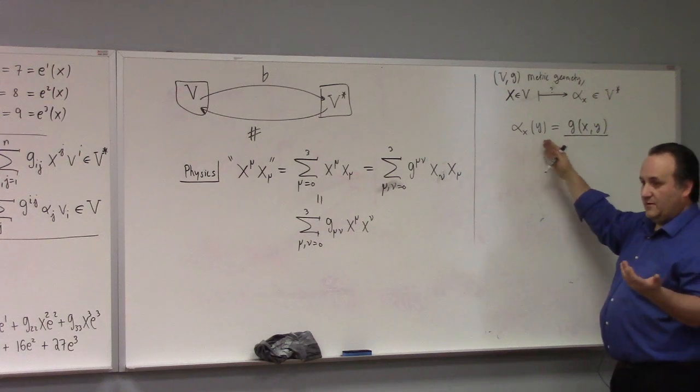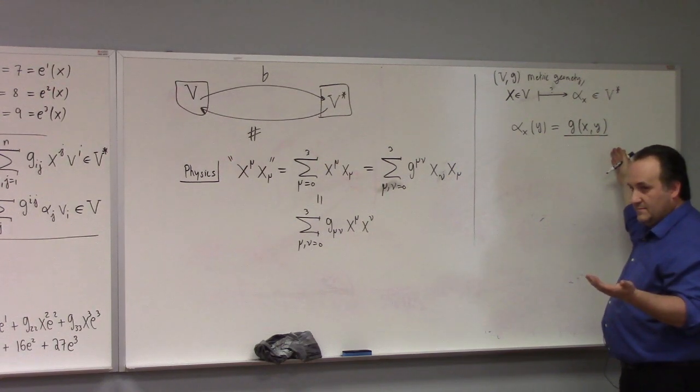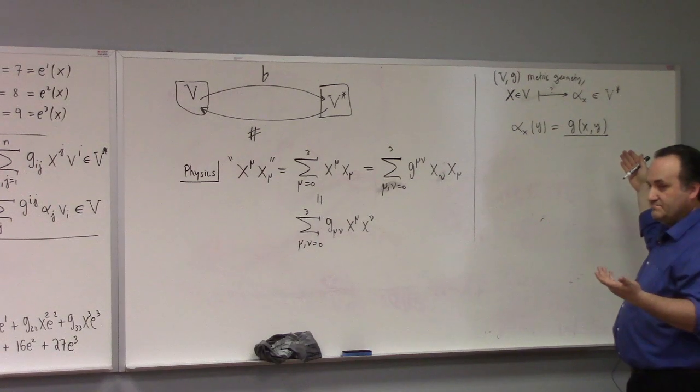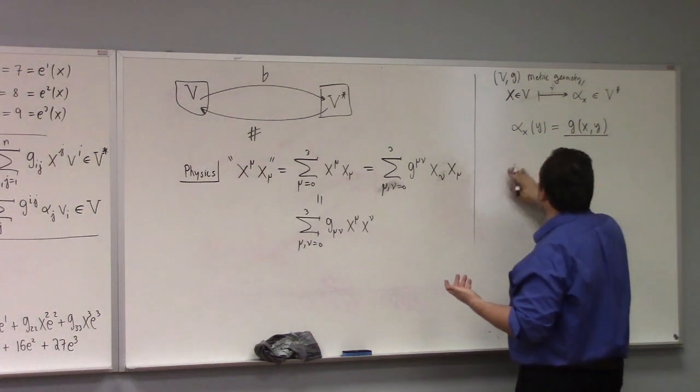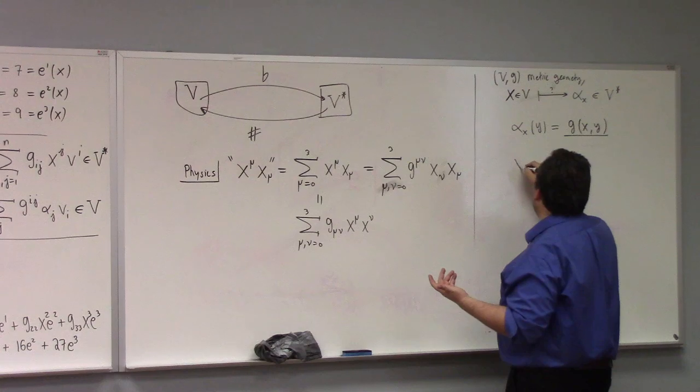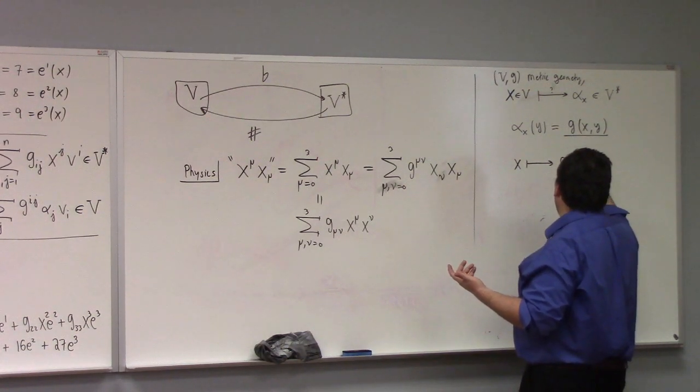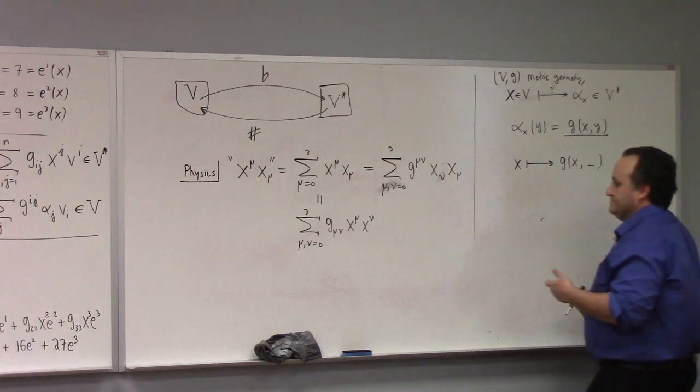Check it out. This is linear in y, and it's in fact an invertible map. All I'm really saying is you take x and map it to, and this is the notation you'll see sometimes, g comma with a slot.